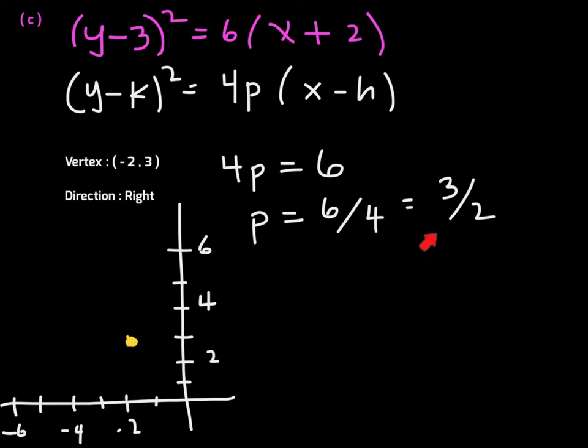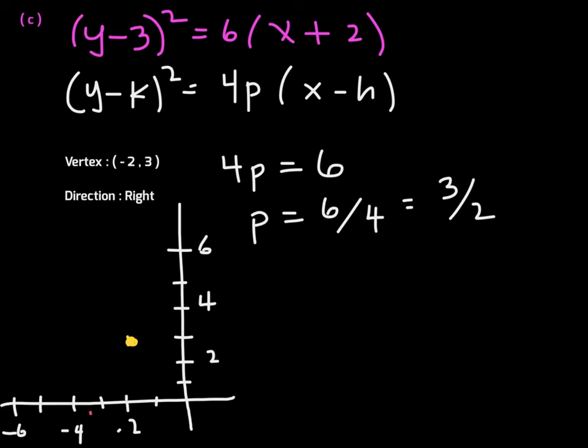Now p is 1.5, okay? So if I'm at -2, +3, I'm at x equals -2. If I move 1.5 units to the left, that's 1 unit and then 1/2 of a unit, that would put me at -3.5, 3. So that's what I'm going to draw.